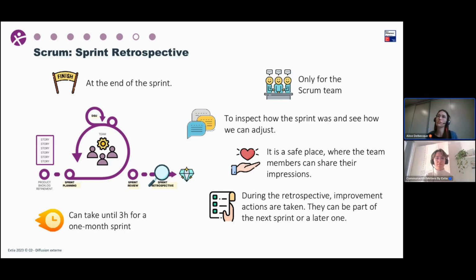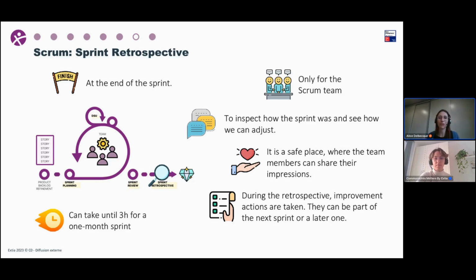So that's why also it's really important to have a good team mindset, because you have to be able to free your mind in this kind of meeting and tell all the things that you want to tell. So for some teams, usually you just have what went well, what went wrong, what we can improve, some things like that.